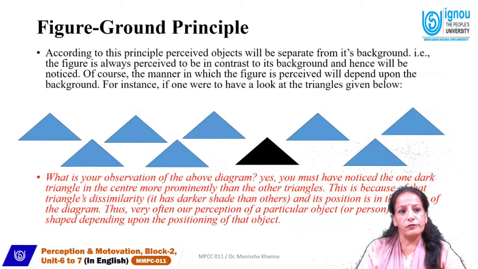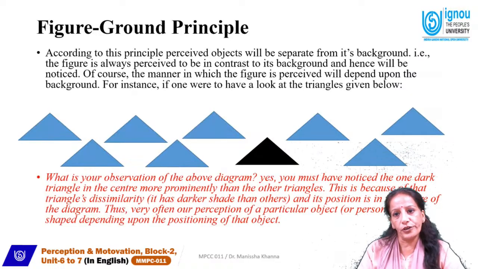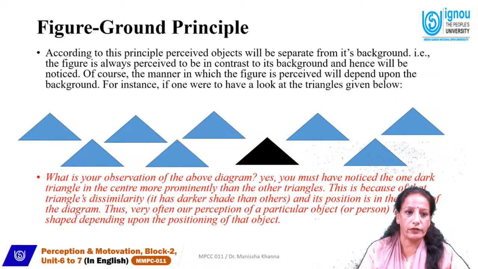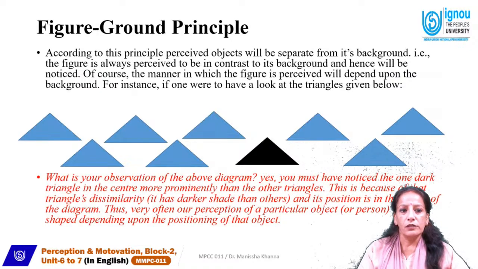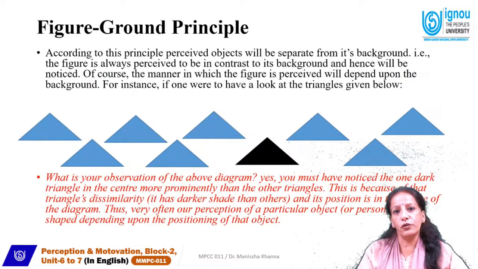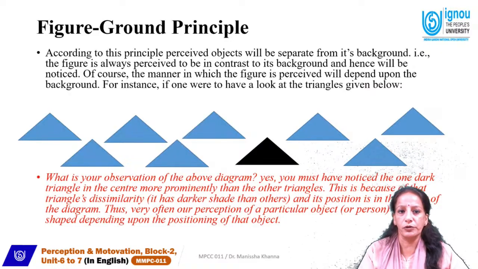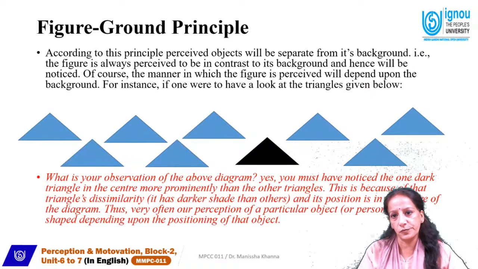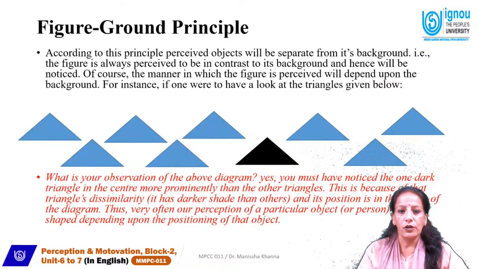Figure ground principle. Figure ground principle is all about perceiving the object which is separate from its background. The figure is always perceived to be in contrast to the background, hence will be noticed. Of course, the manner in which the figure is perceived will depend on the background.